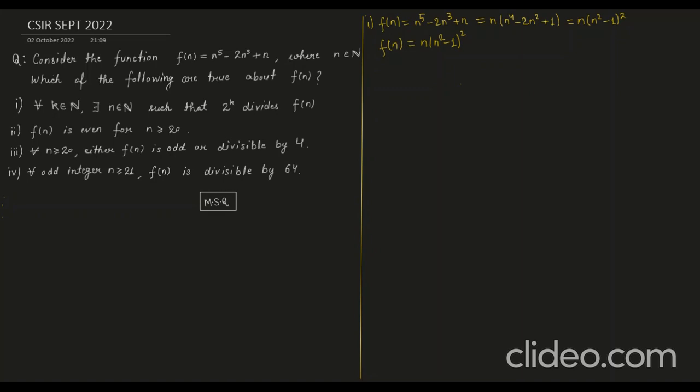First option is that for every k there should exist an n such that 2 raised to k divides f(n), right?